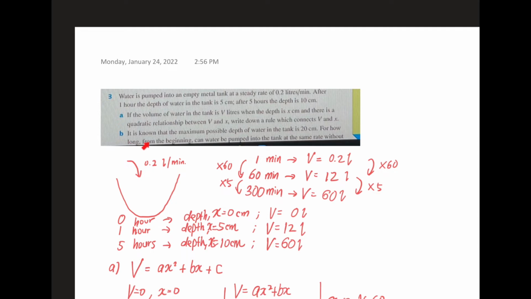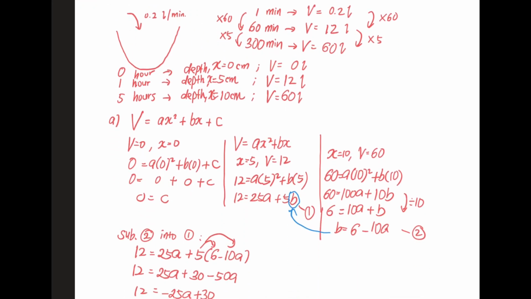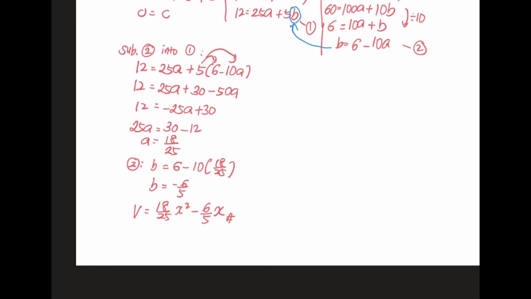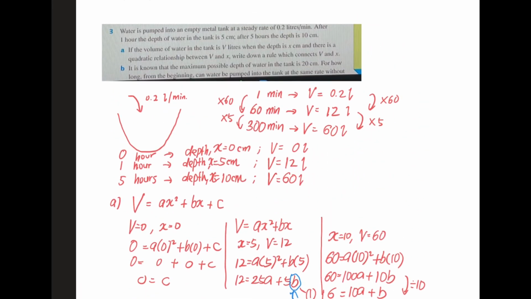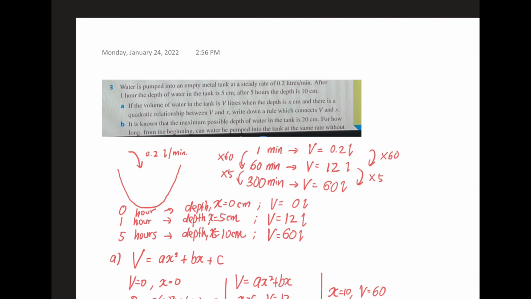For how long from the beginning can water be pumped into the tank? 20 cm. So let's see. This is our quadratic relation, and the question said the x is going to be 20.